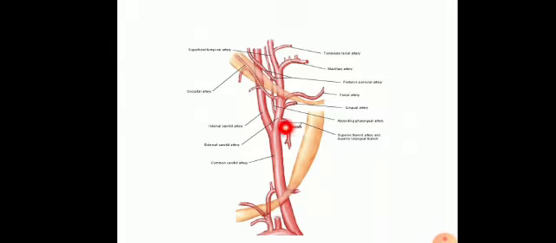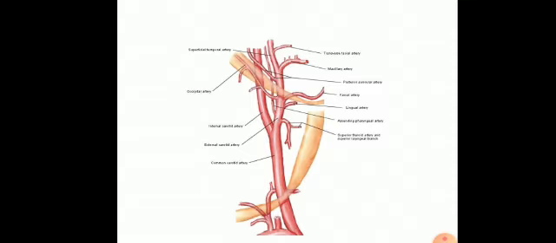The medial branch is the only one, known as the ascending pharyngeal artery. The posterior branch includes two branches, occipital artery and posterior auricular artery. The two terminal branches are maxillary artery and superficial temporal artery.